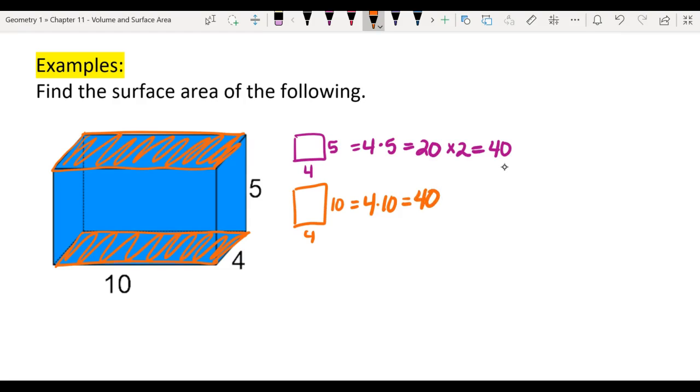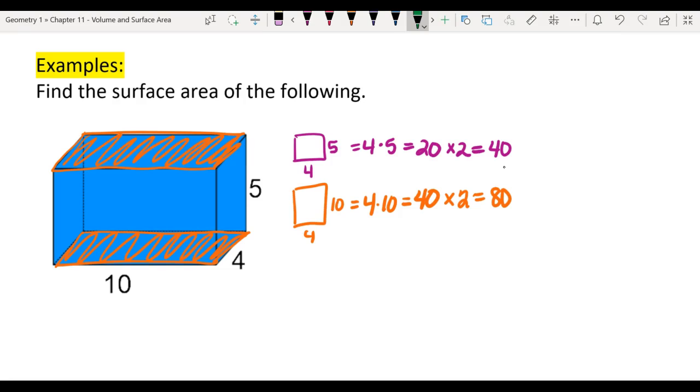But how many of those do I have, if I have a top and a bottom? I have 2 of those. So that's 80, because the front and the back are not 10 by 4. The front and the back are 10 by 5.